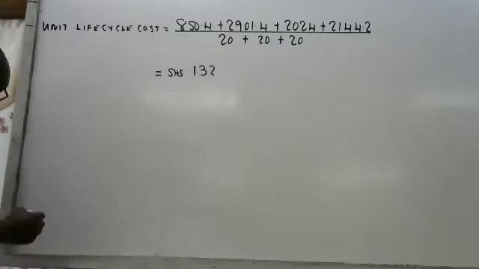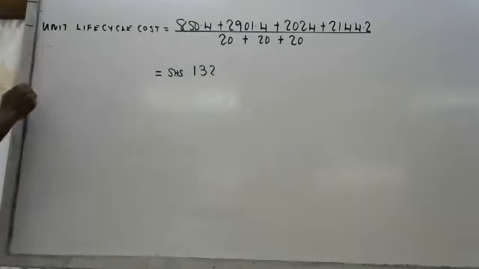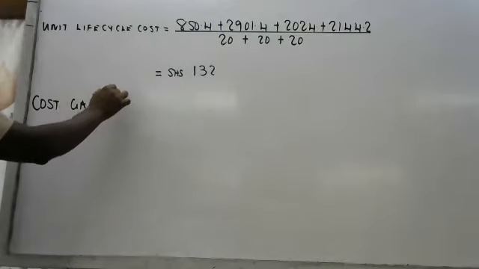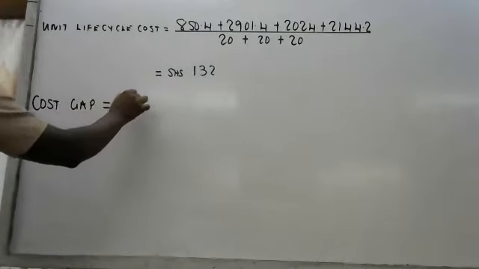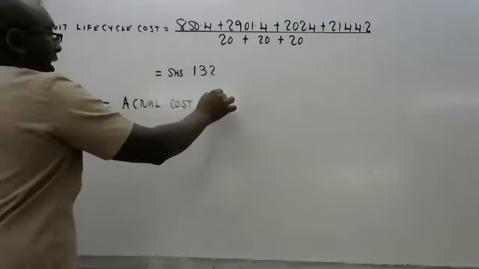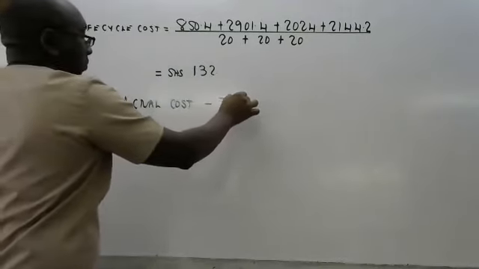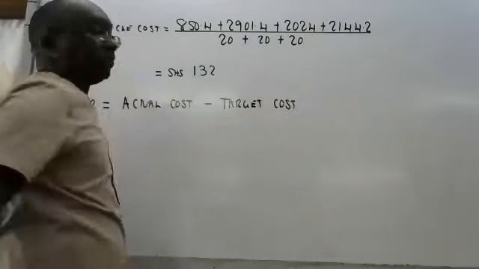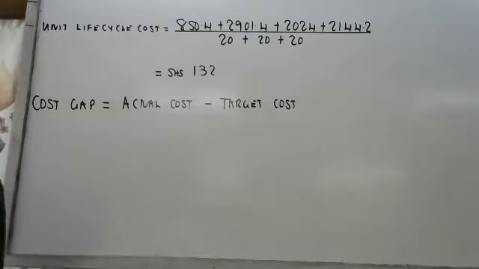So with that now, we proceed and get what they are calling the cost gap. The cost gap is normally given as actual costs minus target costs.